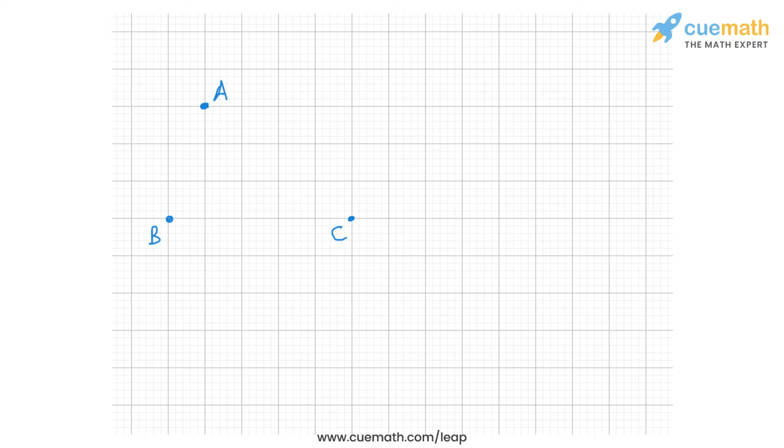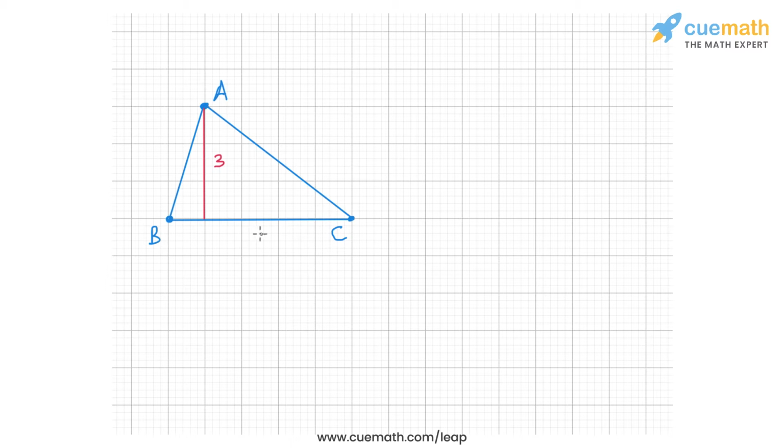So this distance here, let me highlight this distance I have taken as 3 units. Now let's join the vertices of the triangle. So we have A to B and C. So this is our first triangle, triangle ABC.